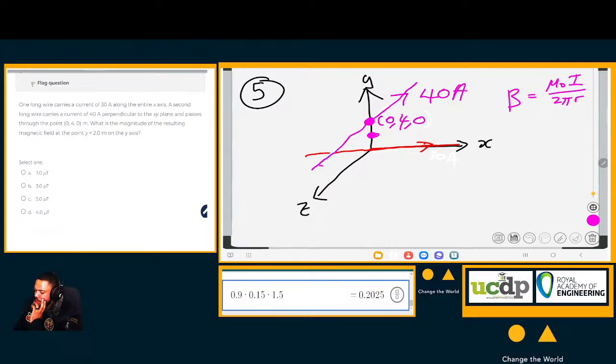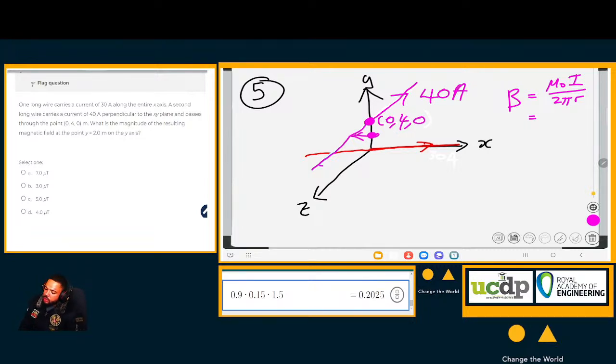Now if you were to work this out, you would get a magnetic field, and let's first see in which direction this magnetic field points. At that point it will point in this direction, along the x direction, parallel to the x direction.